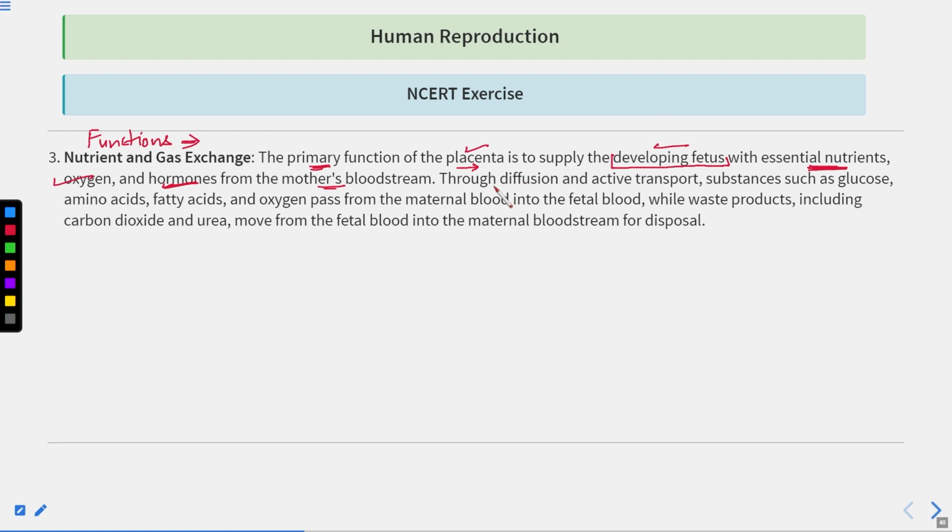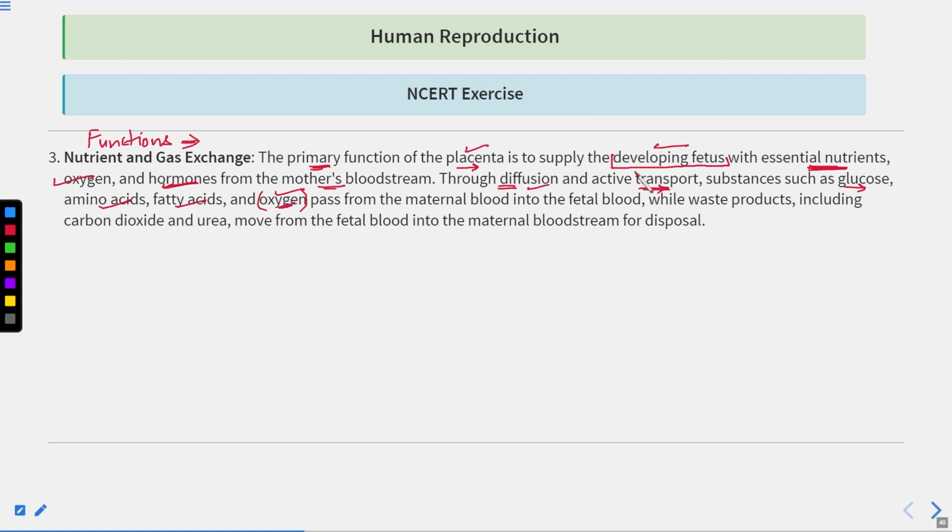Clear? Now, through diffusion and active transport, substances such as glucose, amino acids, fatty acids, and oxygen are exchanged. Usually gases are exchanged through the process known as diffusion. So diffusion, you already know about diffusion, is the movement of molecules from a region of higher concentration to lower concentration.